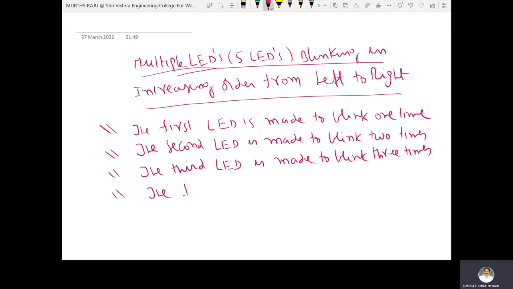The fourth LED is made to blink 4 times.